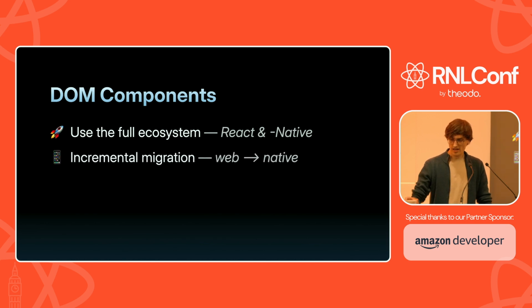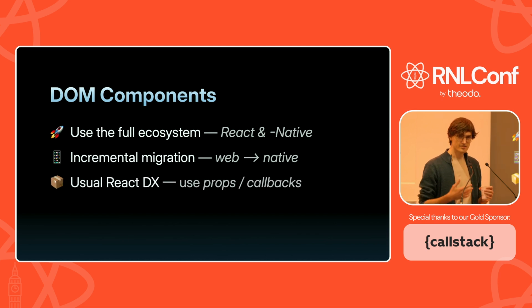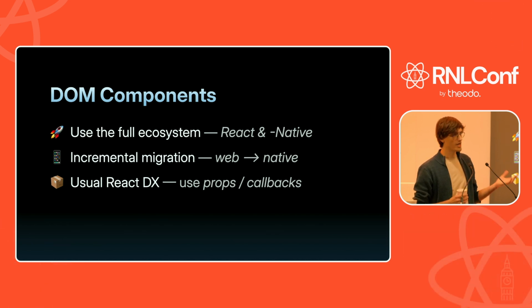Then you can have an incremental migration path of going from web to native without having to commit to all the native code that you have to write up front. You can just test and try it out. Now, the best thing about this, which sets this apart from normal web views, is that it actually has your usual React DX. Although the imperative DOM APIs are slightly different, the props and callback props are actually the same thing.